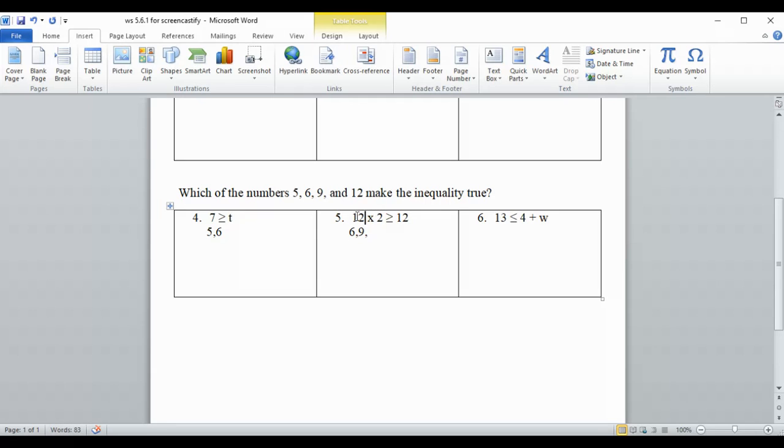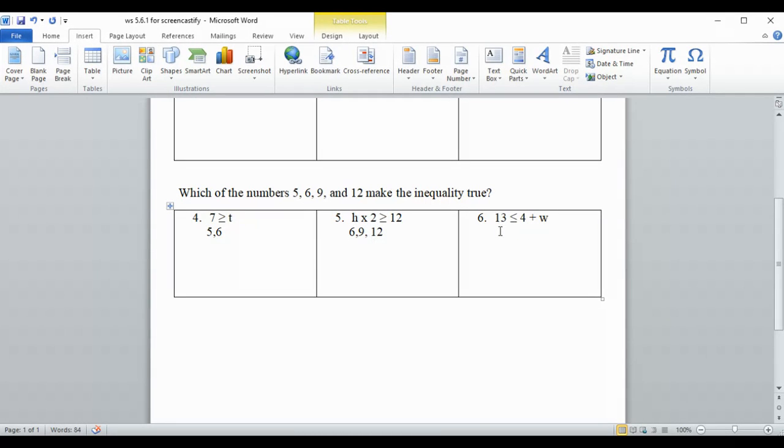What does that equal? It equals 24. 24 is greater than or equal to 12. Well, it's greater than 12, so it works. So we're going to put down the 12 there, and I'm going to turn this back into an H, and these three numbers fit there.